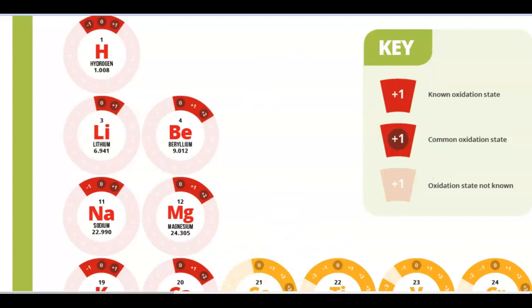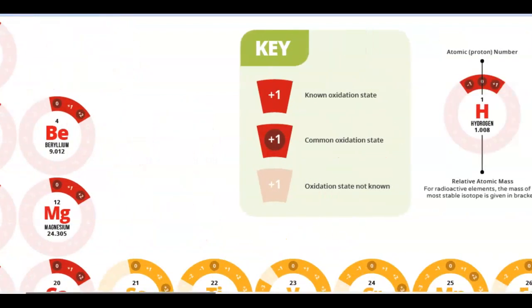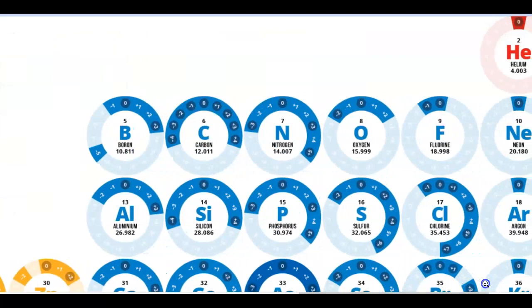It has this for all of the elements in the periodic table. Some of them have quite a variety of numbers. Carbon can go anywhere from -4 all the way up to +4, and they're all common. It happens quite a bit. Chlorine is another one, and sulfur is another one.